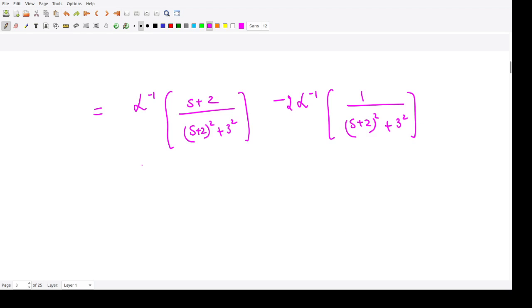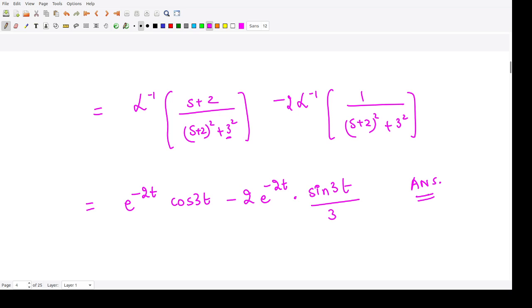So next we have to apply the formula. So it would be e to the power minus 2t into cos 3t, because here the angle is 3, and then we have minus 2 into e to the power minus 2t, and this would be the formula of sine 3t divided by 3. So this is the final answer.